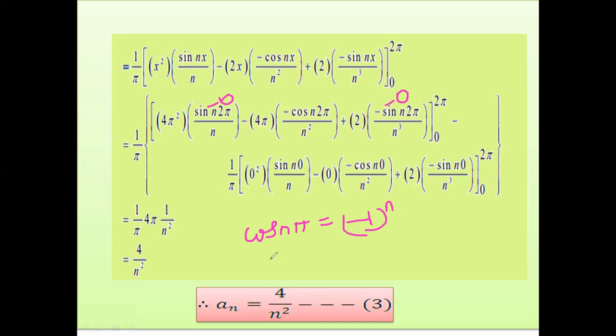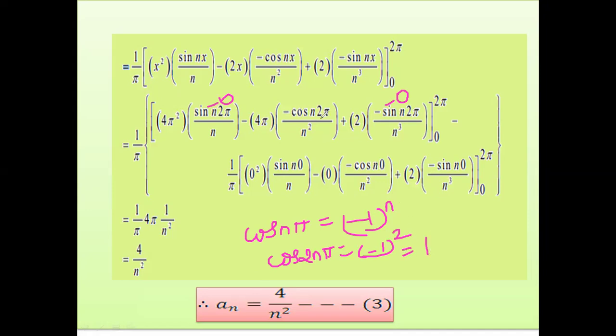Cos 2 n pi is minus 1 power n squared, so that value will become 1.